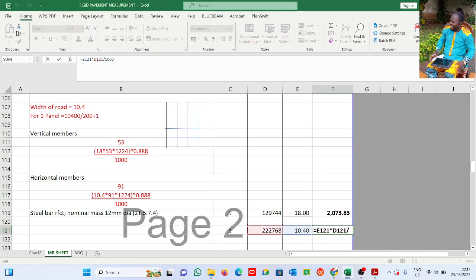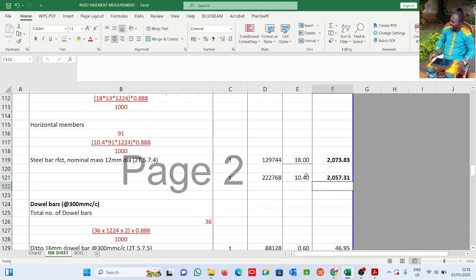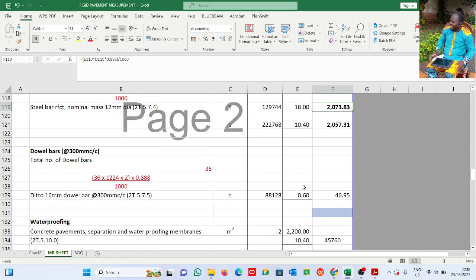Now I already explained how you get the value in kg. Times 0.888, divided by 1000. Now you have it in tons. Because you have to multiply by the weight of the reinforcement in kg per meter, then you convert to tons. All right, so this is correct now.